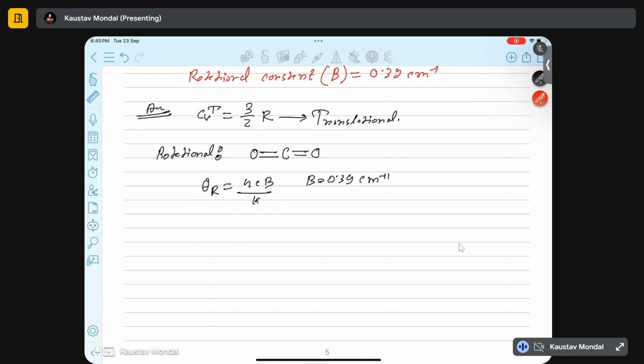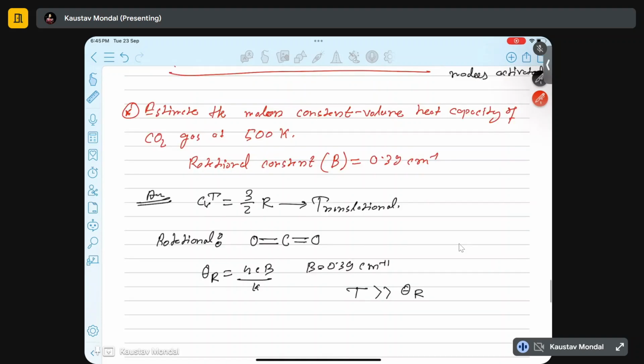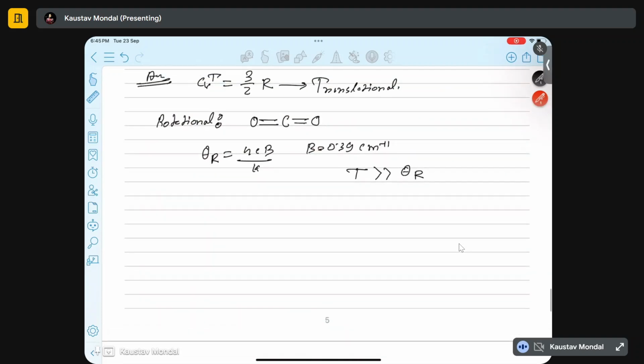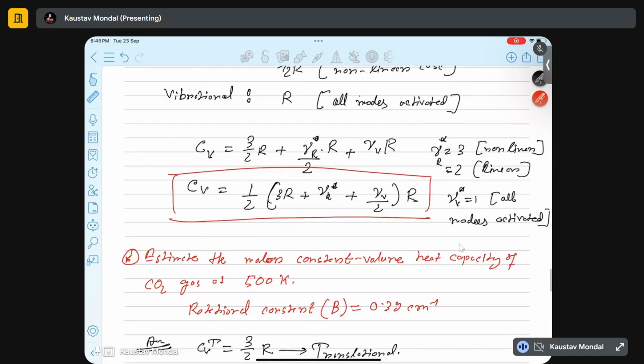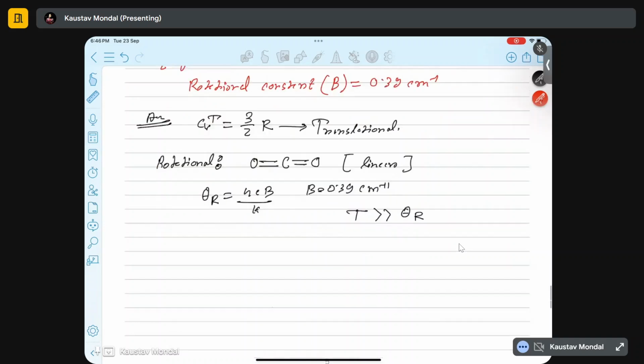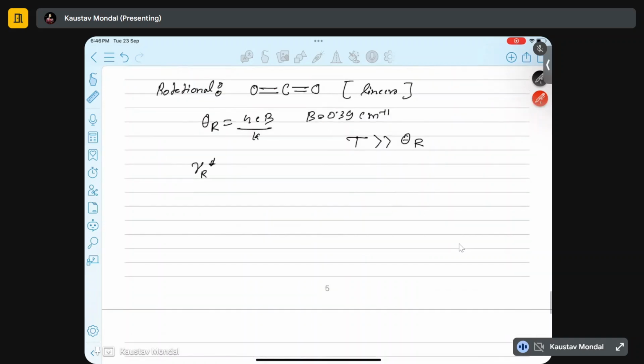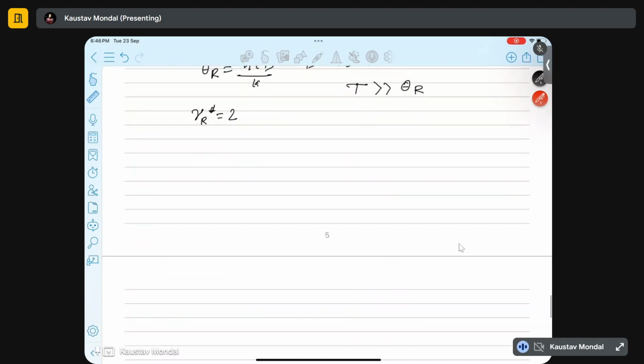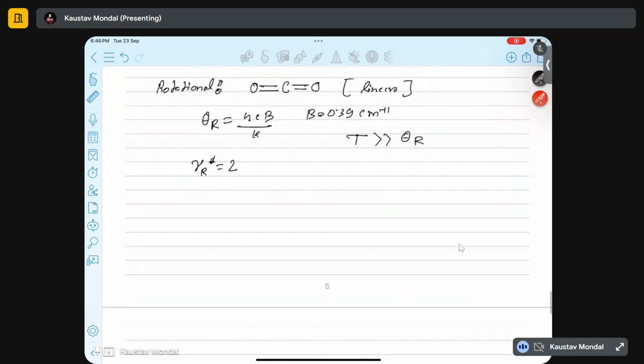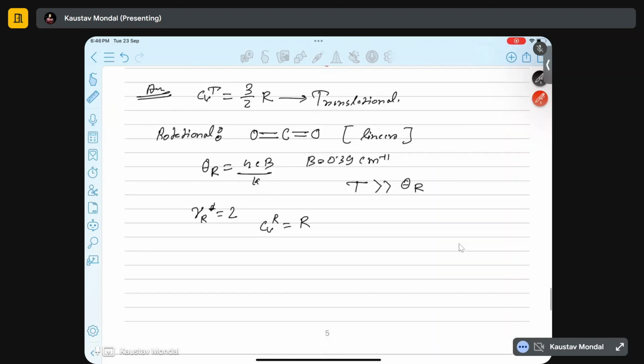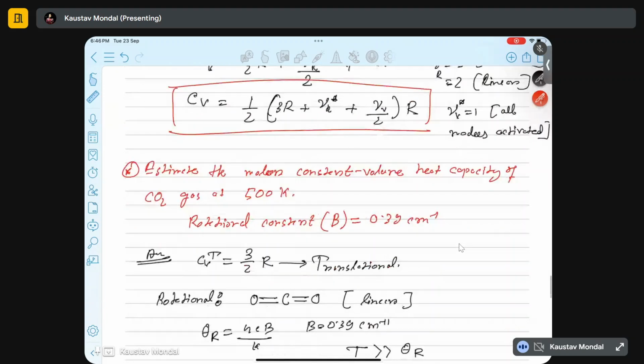So you have to show that T is greater than or equal to theta r. If it is linear and T is greater than or equal to theta r, then nu r star equals 2, so the rotational part CVR would simply be R, because 2 by 2 cancels.